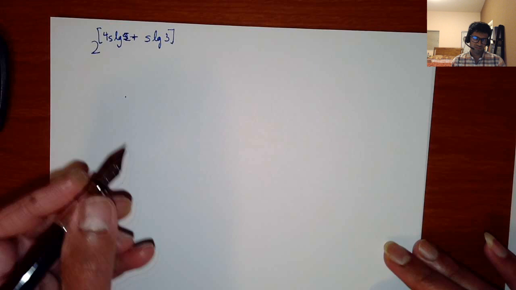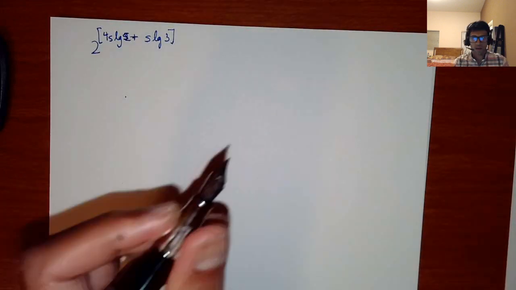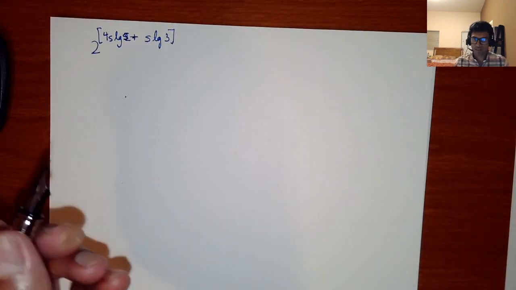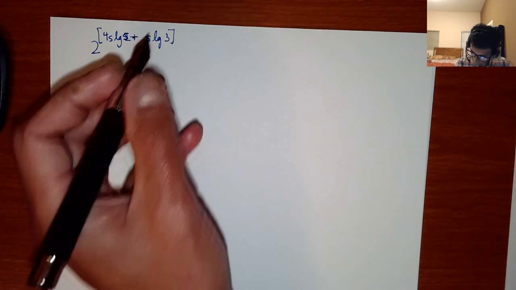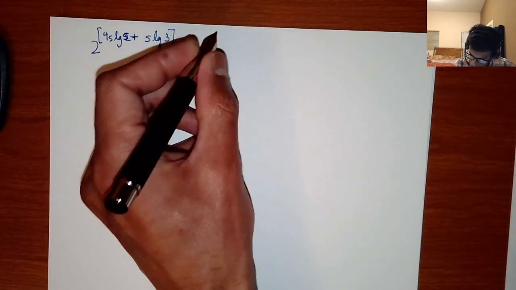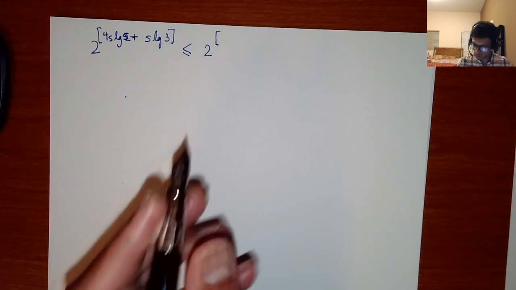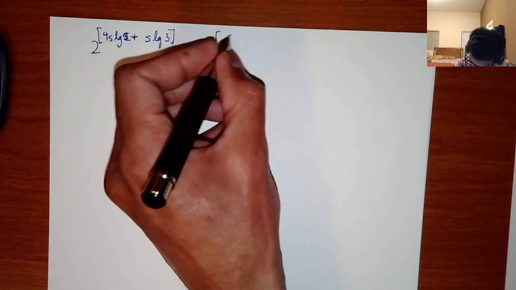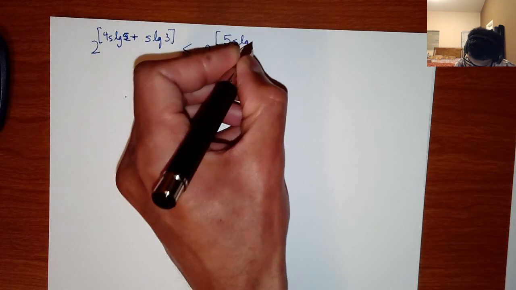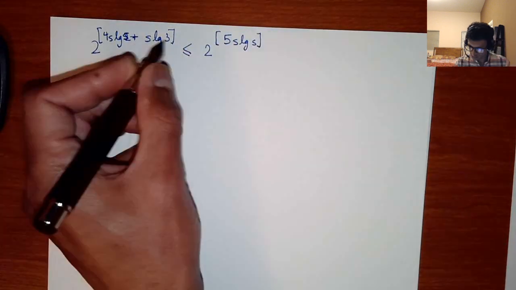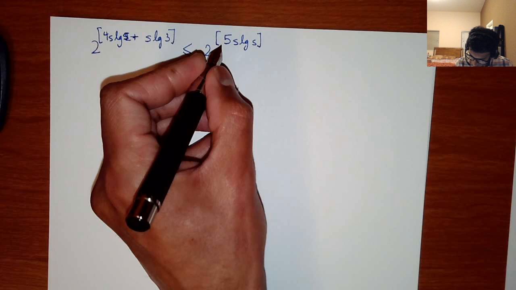Again, I want to make this easier to deal with, so that we don't have to sit around with all of these. Assuming that S is a sufficiently large constant, I can just write this as 2 to the 5S log S.